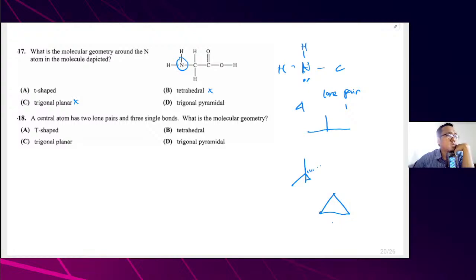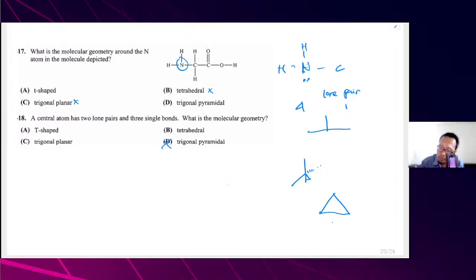We know that there is a lone pair. Okay, it has steric number 4. However, it has 1 lone pair. So the answer will be trigonal pyramid.